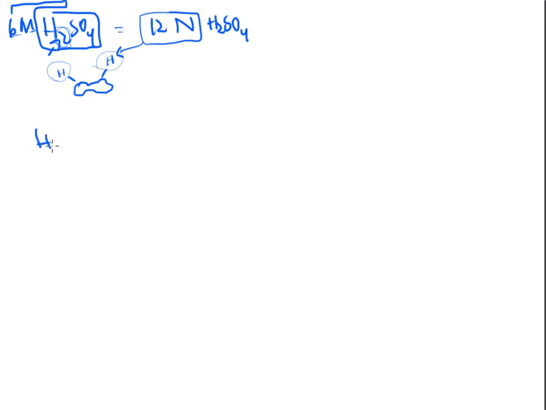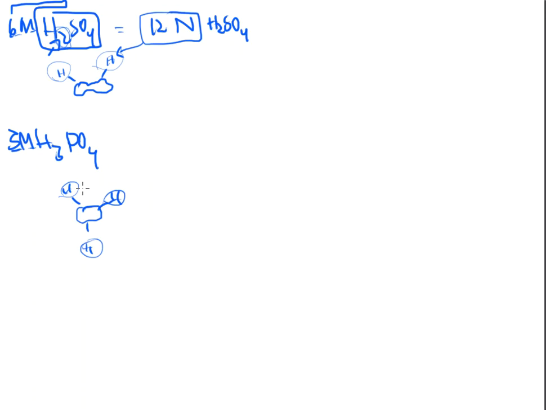What about phosphoric acid, H3PO4? Let's say I have a 3 molar H3PO4. Well, if this is my molecule of H3PO4, there's 3 hydrogens that are hanging off of that molecule, right? 1, 2, 3. So for every one molecule that comes on board, it's bringing with it 3 hydrogens.